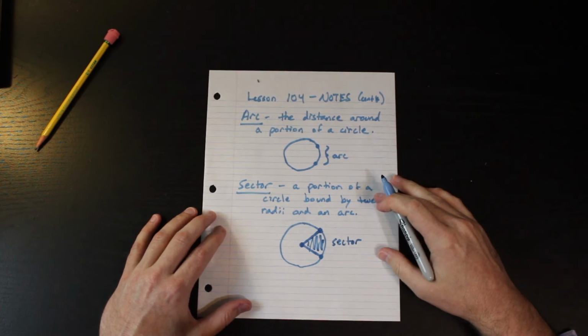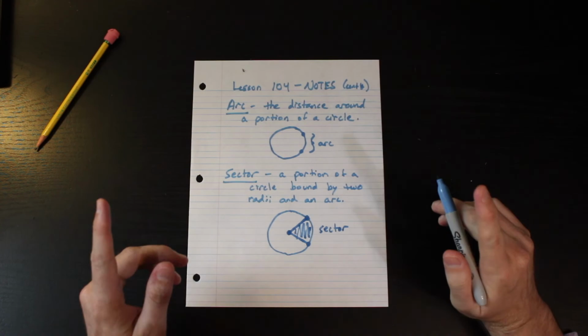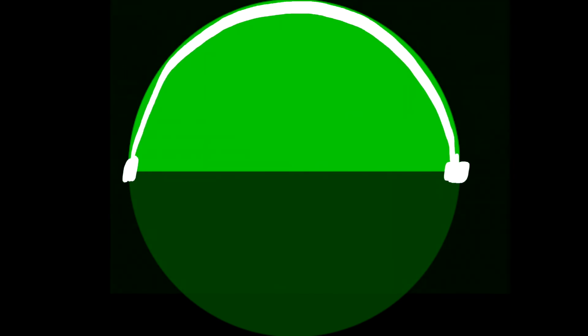Did you know that a semicircle is also a sector? Take a look at this semicircle. Now, imagine that the rest of the circle is there too. From this point to this point is an arc.